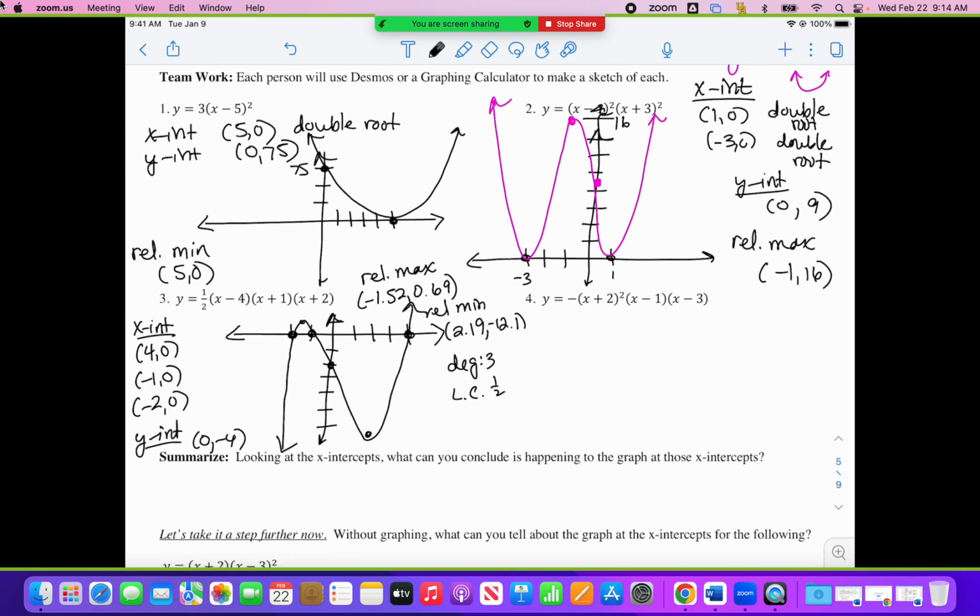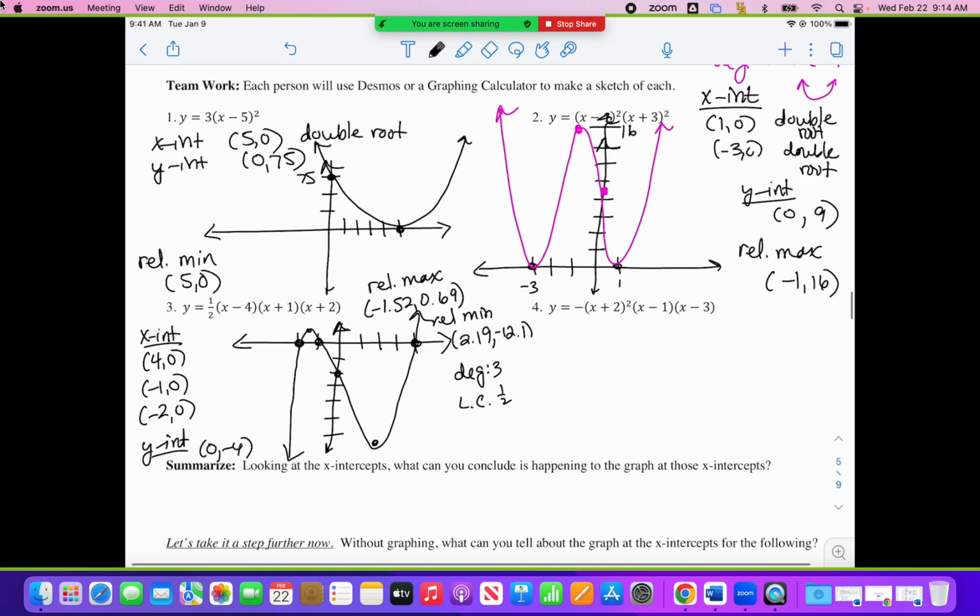How do you find the relative min and max on the Inspire? Okay, so are you okay with getting a graph on the graphing calculator? What you're going to do is press menu, those of you on the Nspires. If you can get the graph on, then make sure you play with your window.